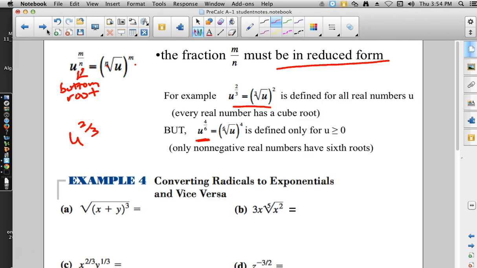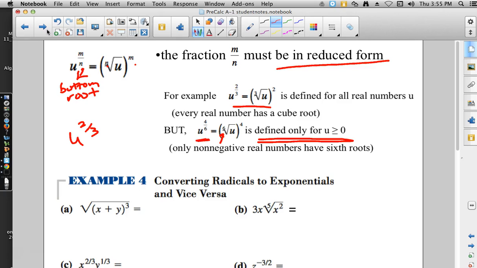You can't do that because this problem came as an even root. This is the 6th root of u raised to the 4th power. And 6th roots are defined only when you're putting a positive u value into that. So you'll only be able to use non-negative real numbers for those 6th roots.